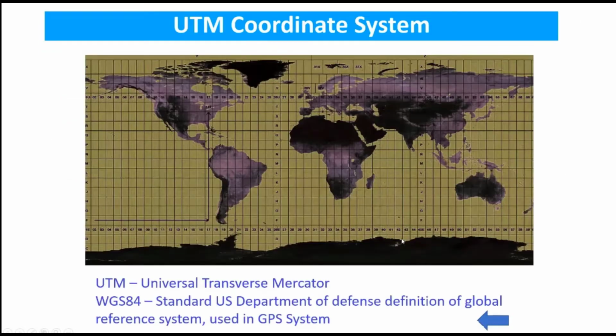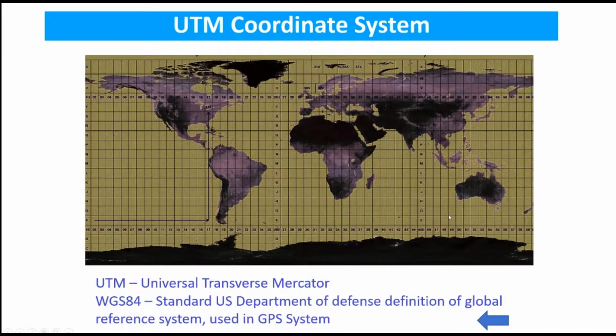You can see here this entire globe is divided into a number of sectors, and these vertical lines are at 6 degrees.